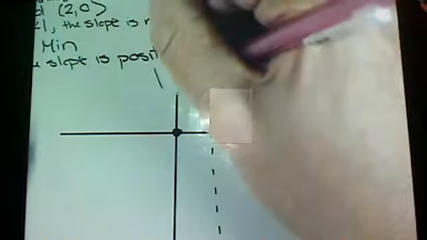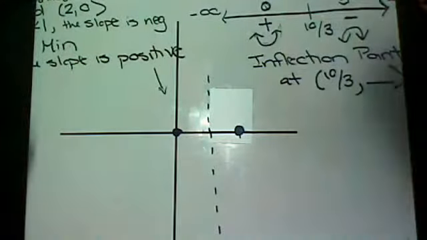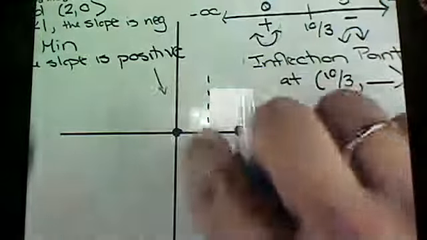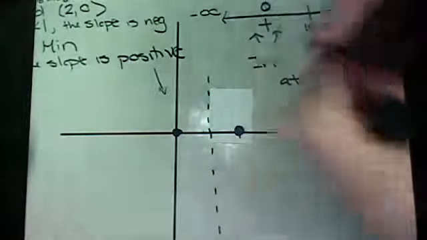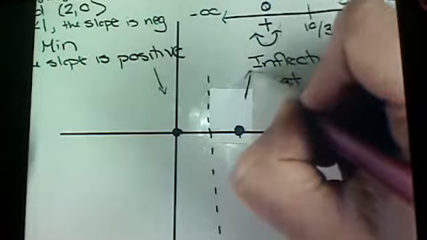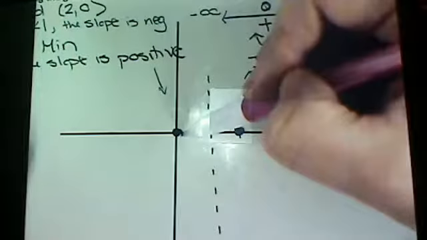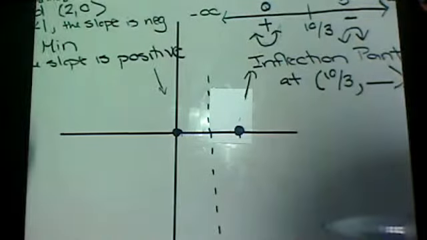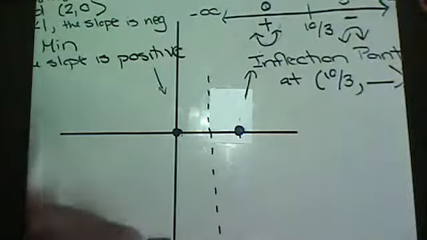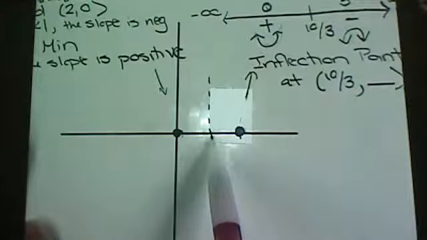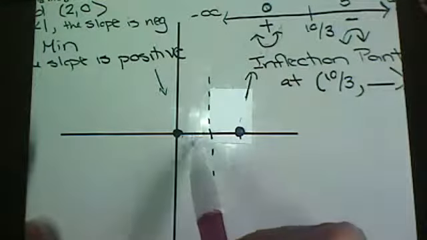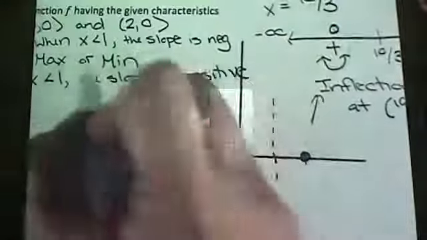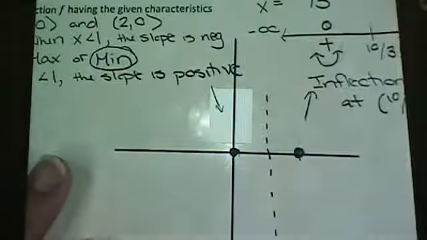So we must be going down. They say when x is greater than 1, so on this side, our slope is positive. So our graph has to be going up. So we have to be approaching this x-intercept and then going away from that x-intercept. There must be a maximum or minimum at x equals 1. Well, since it's going down and then coming back up, it's obviously a minimum.